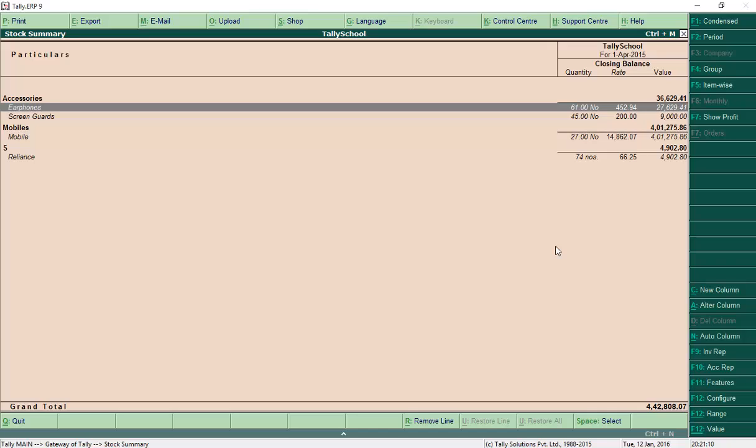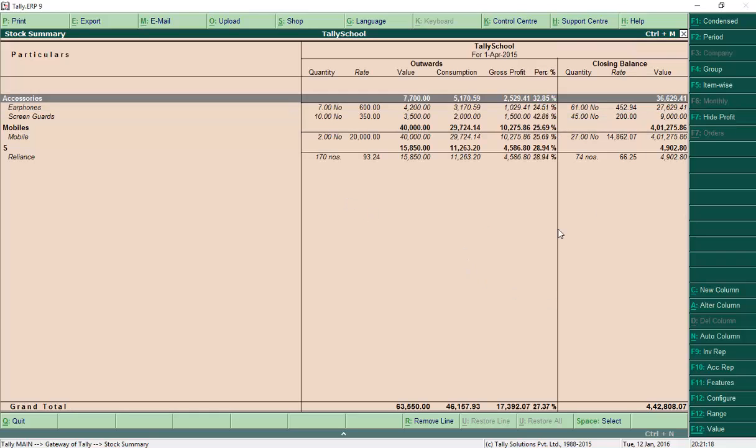If we want to see something in more detail, we can press F7 or click here to show profit, and it will show other options, which is outwards. The main menu, this is outwards. Whatever we have sold comes here. So 7700 is the value and consumption is 5170.59.